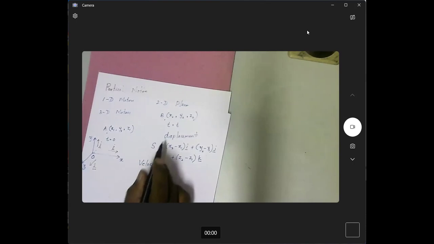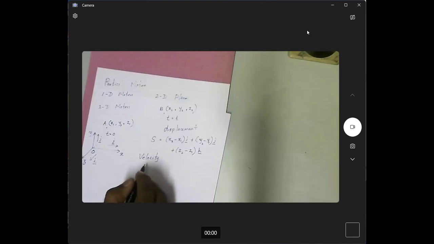Then I can define another quantity, which is the velocity. So what is velocity? It is the rate of change of the displacement, how fast the displacement happens. And how do we define velocity?